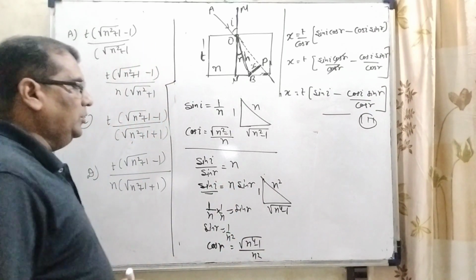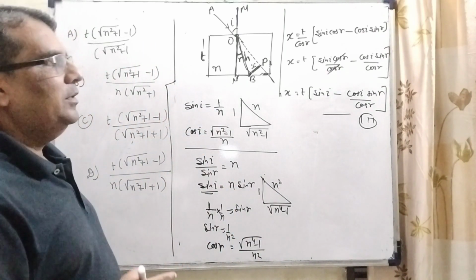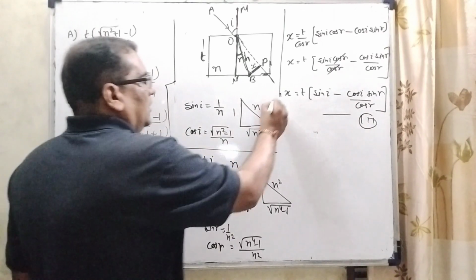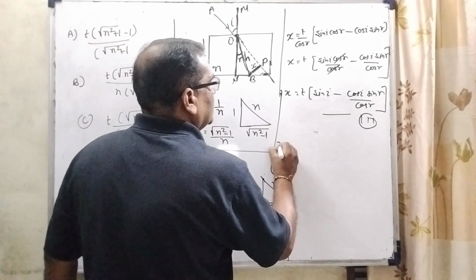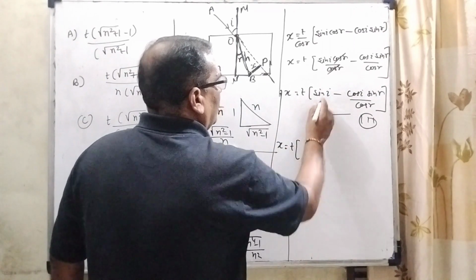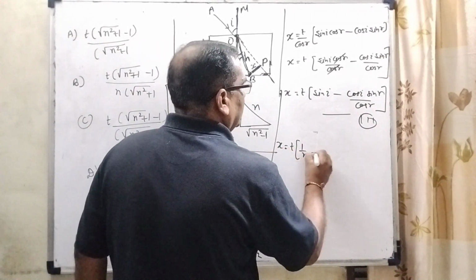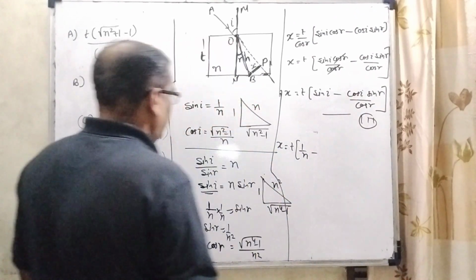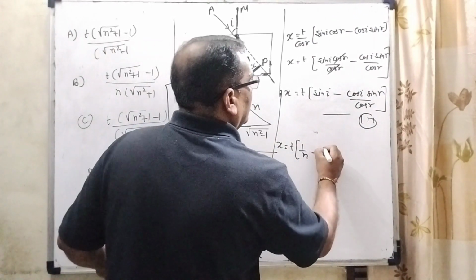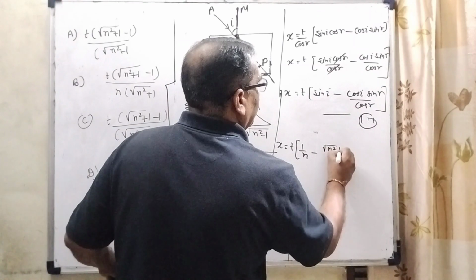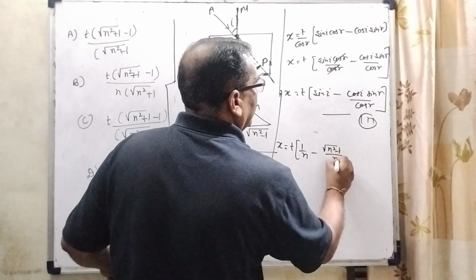Now all these values we substitute in the third equation. Now x equals t. What is the value of sin i? That is 1 by n. What is the value of cos i? Root n square minus 1 upon n.